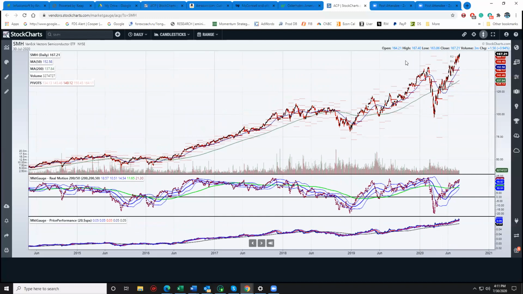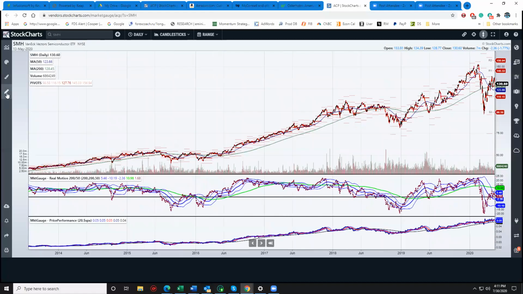So the leading sector in the market right now is semiconductors. Now, what's interesting is even though semis have made new highs, on a momentum basis, it's sort of not keeping up.